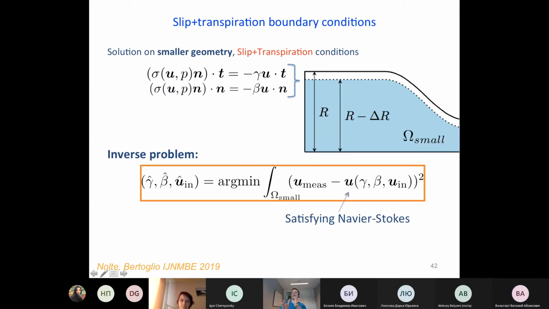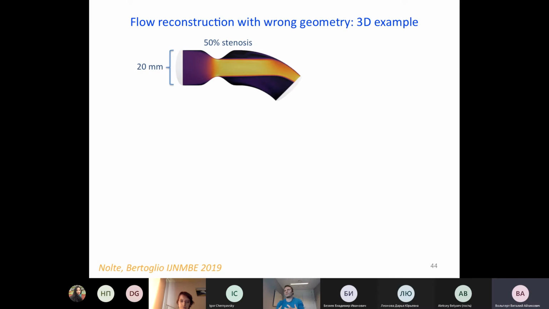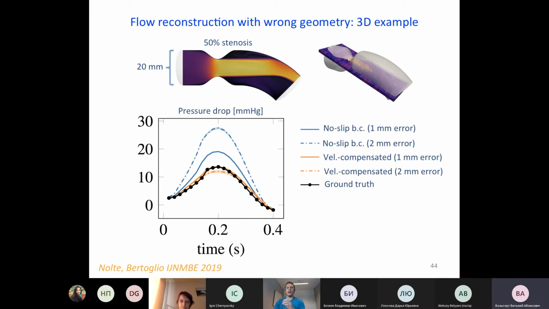So if you had a Poiseuille flow, the result would always be the same. Of course, here the boundary condition is not perfect, so the model doesn't reproduce exactly what you want to reproduce, but it's good enough to obtain a quite robust behavior with respect to the geometrical errors.